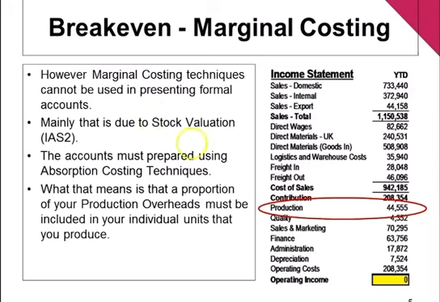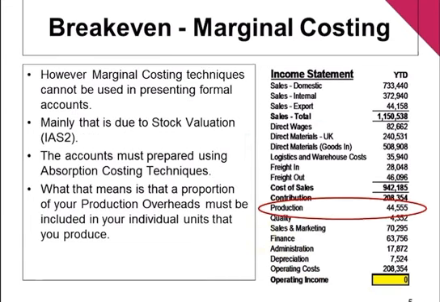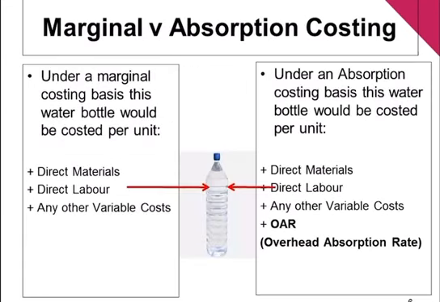You must include a proportion of production overheads in your stock valuation, according to International Accounting Standard number 2. That's one of the very basic premises: to give a true and fair view of your inventory or stock valuation. Then you must include a section of production overheads.